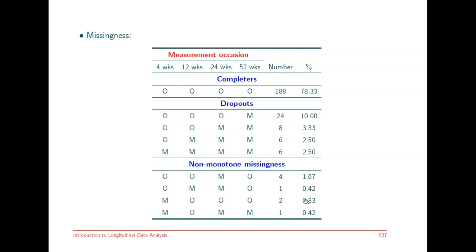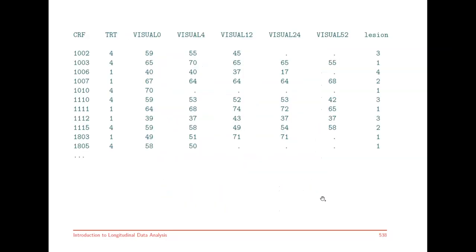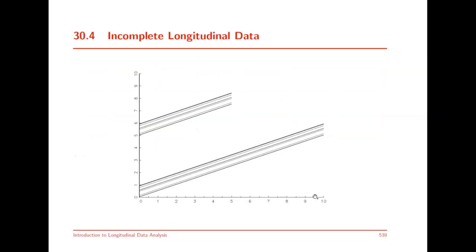Why do we end up in a certain pattern? Not what it is. So this is a look at the data as it is in a database, whatever format, and you see certain dots or other missing data symbols depending on the software package that you use. Using an artificial example, we illustrate a few points about missing data.